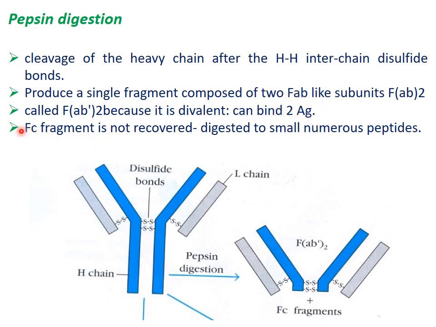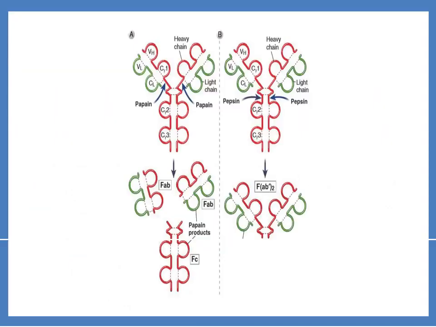Okay, and FC fragments, in this case FC fragments are not recovered because they have been digested to numerous small peptides. So FC fragments cannot be recovered like in papain digestion. Okay, here is the comparison of the 2, very easy.